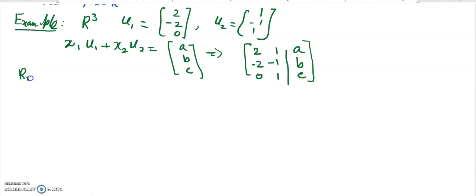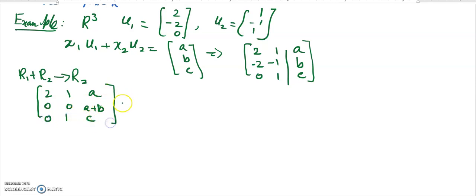Okay, so we can do some row operations. We take R1 plus R2, and that will be the new R2. So we can make this minus 2 as 0. So 2, 1, A, and 2 minus 2 is 0, 1 minus 1 is 0, and then that will be A plus B, and then it is 0, 1, C. In order to make it in an echelon form, we can interchange the rows R2 and R3.